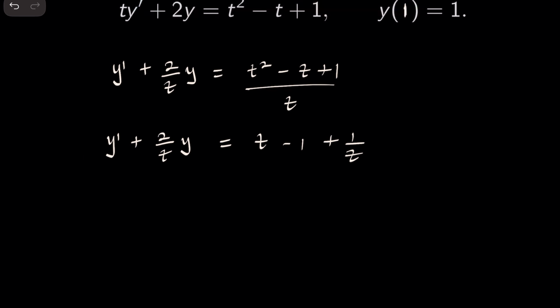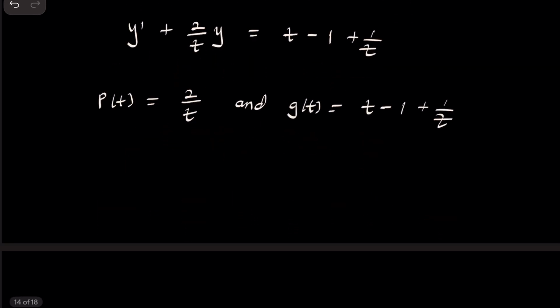Now we have the coefficient of y prime to be 1. We can compute p of t, and so we have p of t to be 2 on t and g of t to be t minus 1 plus 1 on t. Now let's find our integrating factor mu of t.